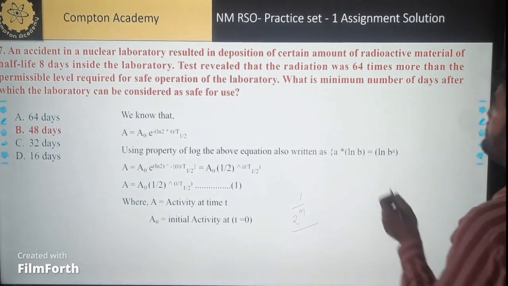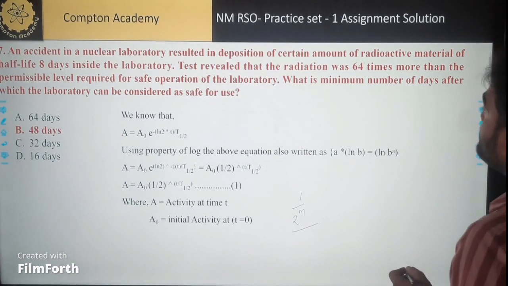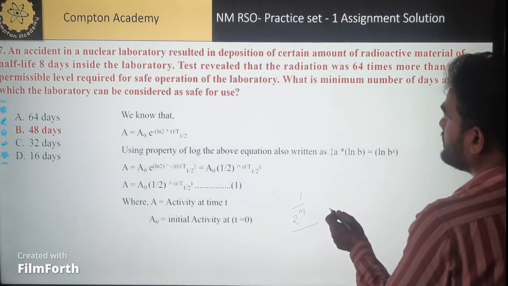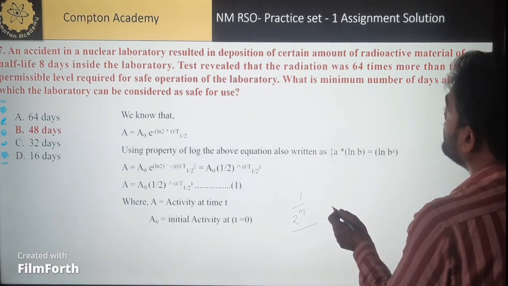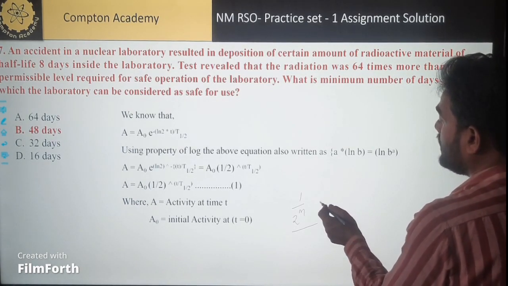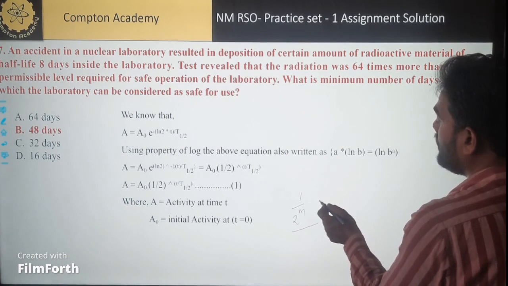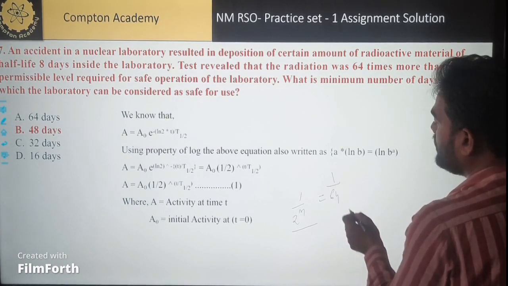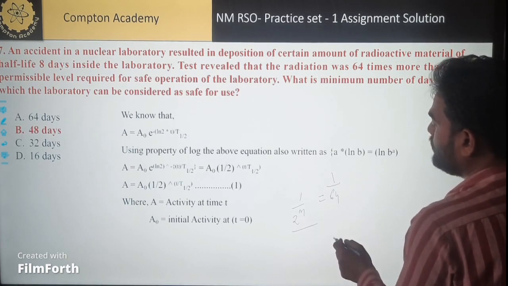Similarly in this question, 1 upon 2 raised to power n is equivalent to 1 by 64, and n has to be found out.